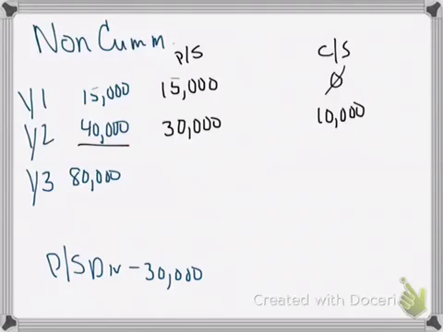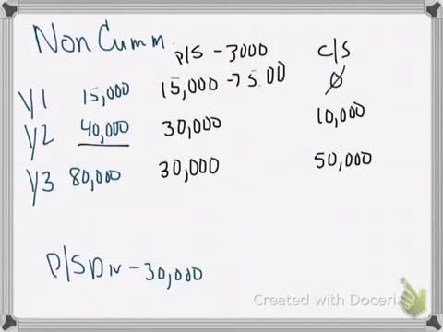The next year I pay out 80,000. 30,000 is due to my preferred stockholders, and so my common stockholders are going to get $50,000. In figuring out the dividend per share, I do it the same way. I had 3,000 shares here, so 15,000 divided by 3,000 gives me $5. 30,000 divided by 3,000 gives me $10, and 30,000 divided by 3,000 gives me $10 here.